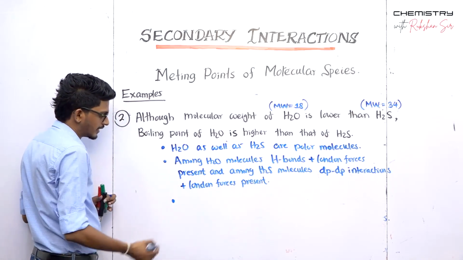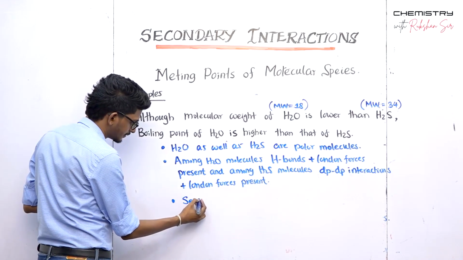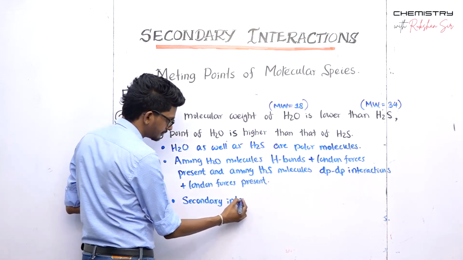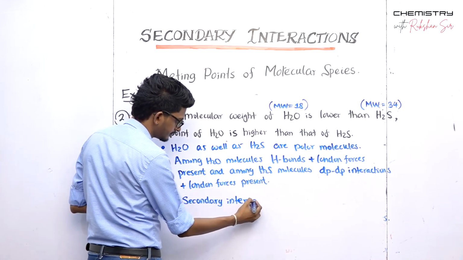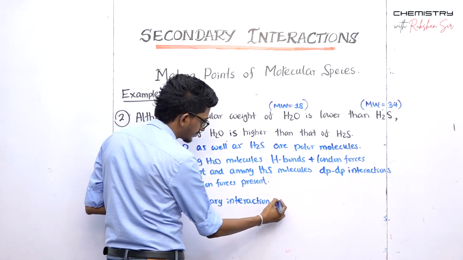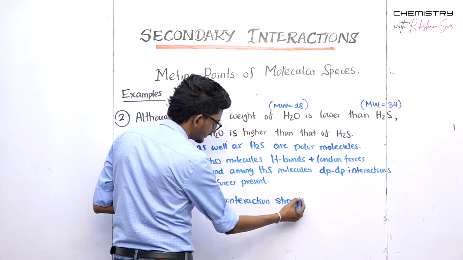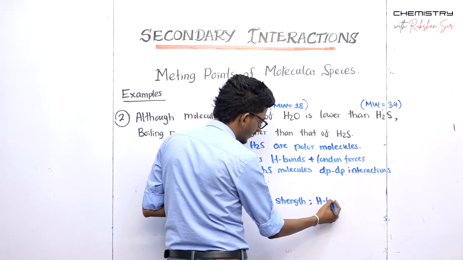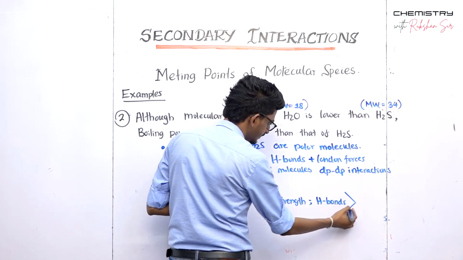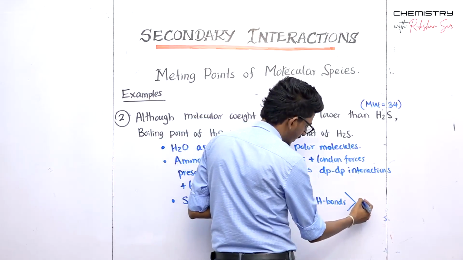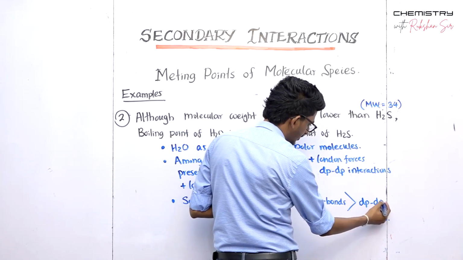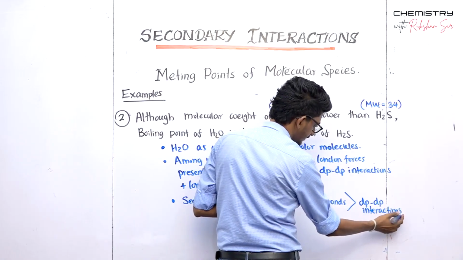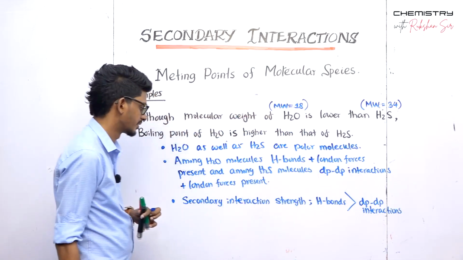And when it comes to second interaction strength, hydrogen bonds are stronger than dipole-dipole interactions.